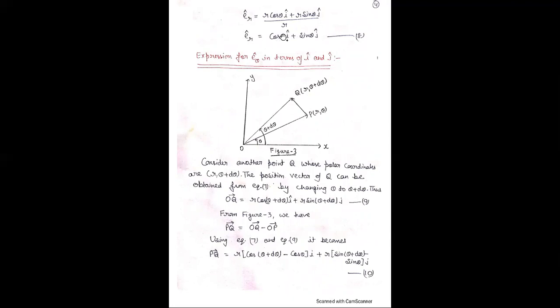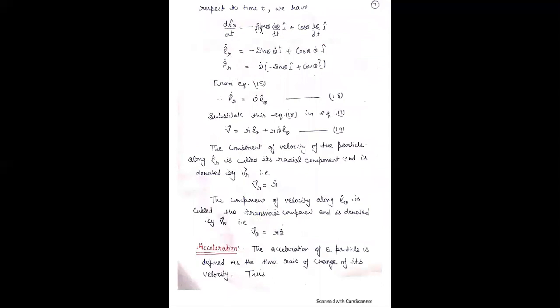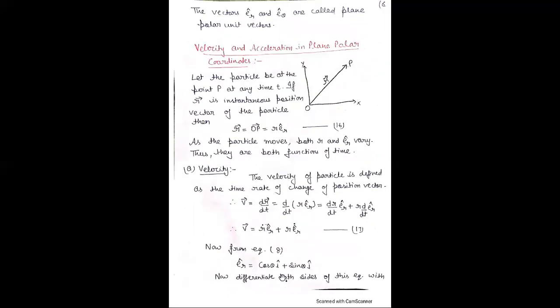Then the resultant is d e r by dt equals minus sin theta, and the differentiation of theta is d theta by dt, times unit vector i, plus cos theta d theta by dt times j. So e r dot is minus sin theta theta dot i plus cos theta theta dot j.